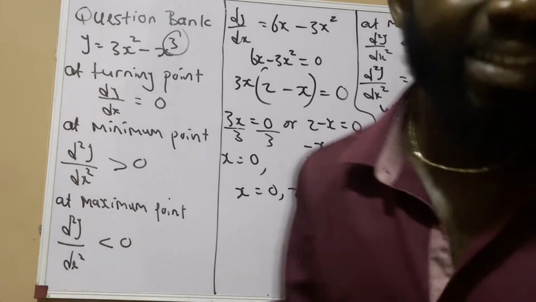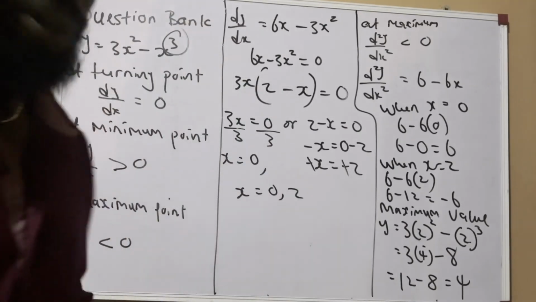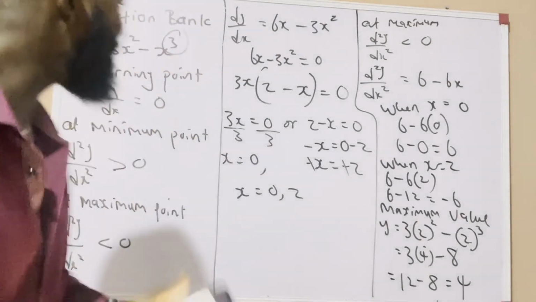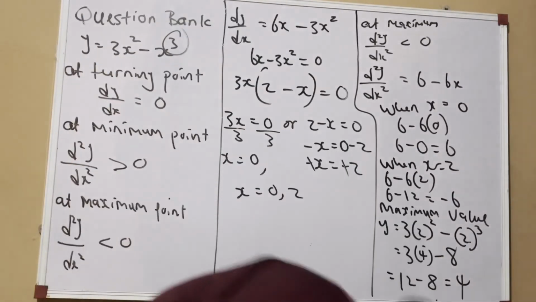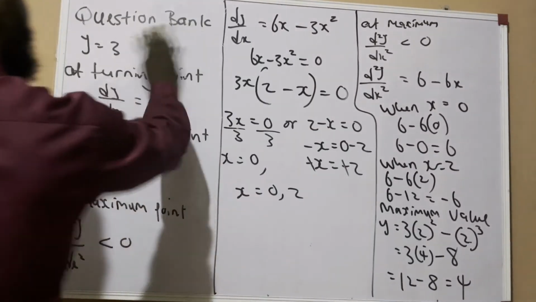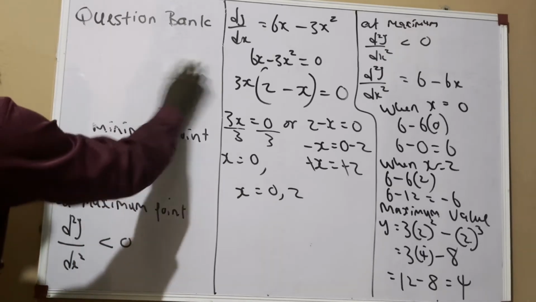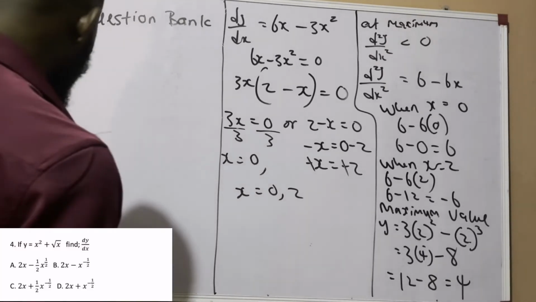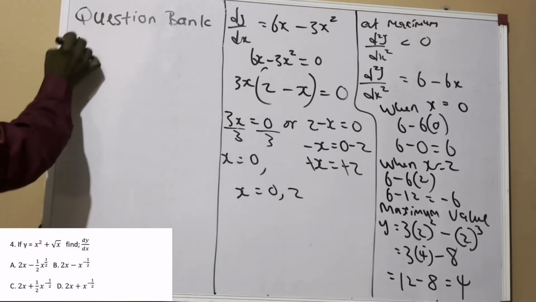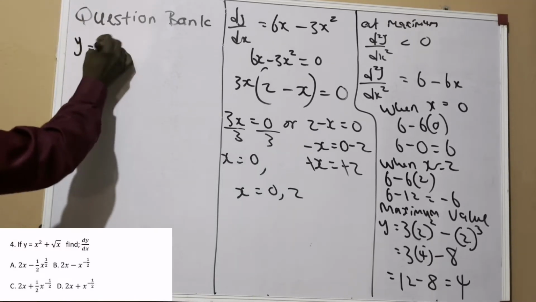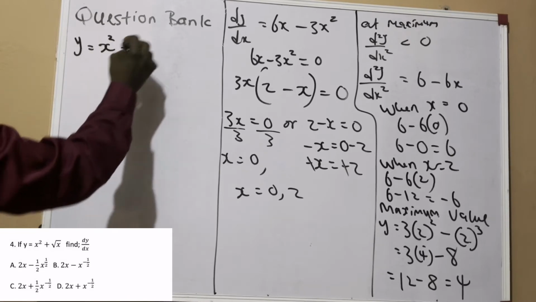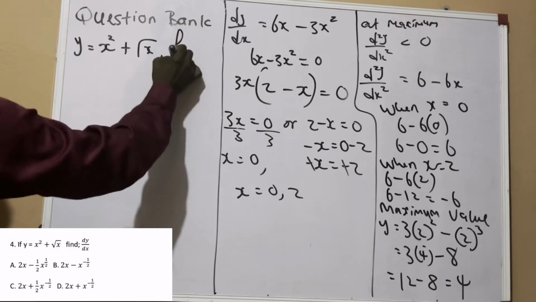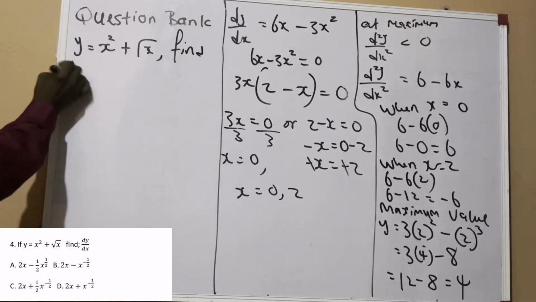So class, this was question number 3 that this student actually brought. And I told you they brought 4 questions. And the last question was, if y equal to x raised to the power 2 plus square root of x, find dy over dx.